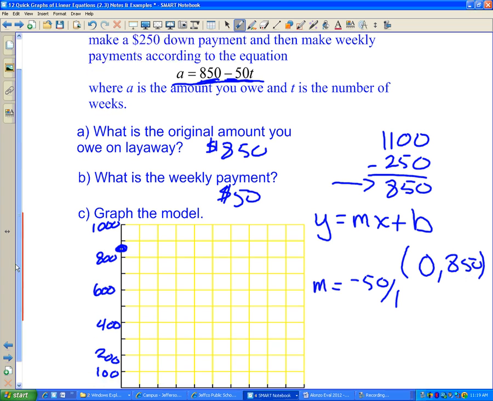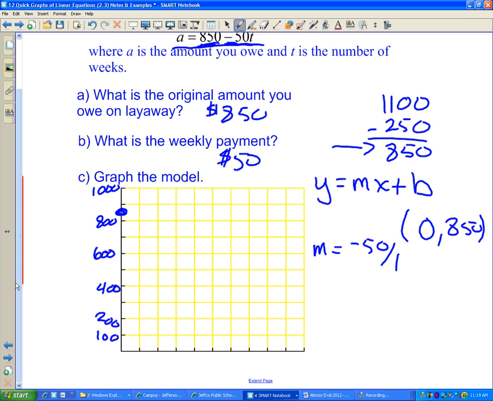So I start with the point 850. I'm going to go down 50, right 1, down 50, right 1. Why 1? What's this 1? Well, this is 1, 2, 3, 4, 5, 6, 7, 8, 9, 10 weeks.